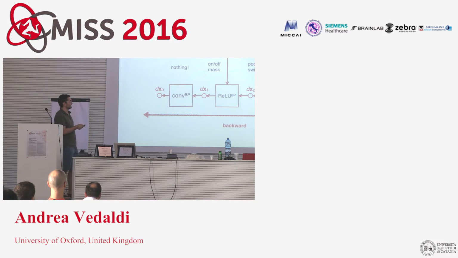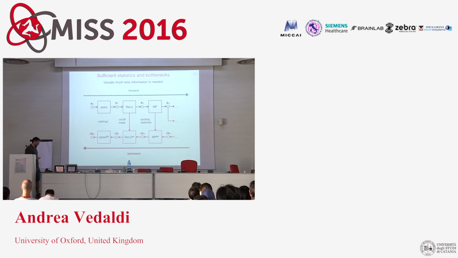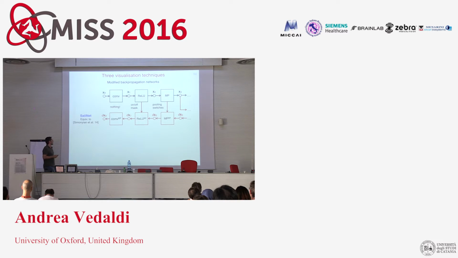You only need to transfer, for each output neighborhood, which element of x2 was actually pooled. Those we call pooling switches. They tell us locally which one was the maximum. So we get a reduced version of the architecture in which we transfer only the minimal amount of information to implement the backpropagation. We like to call this bottleneck information, or sufficient statistics.